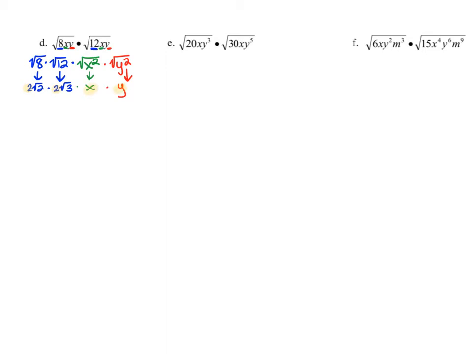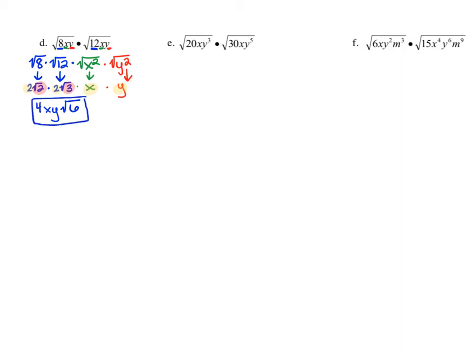So we have 2 times 2 is 4. We have the x and the y, and then we have a root 2 and a root 3, both under the radical. So 2 and a 3, both under the radical, you're going to multiply those together, and that would give you root 6. So 4xy root 6 is going to be your final answer.